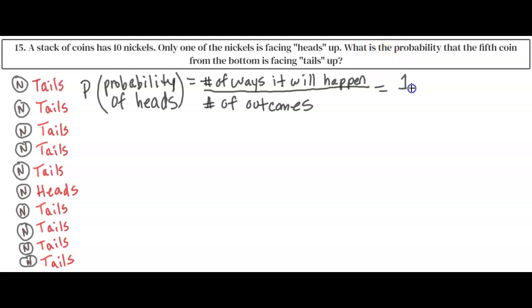So that means one time you will get heads. Out of the number of outcomes, well, how many outcomes do we have? Meaning how many nickels? We have 10 nickels.